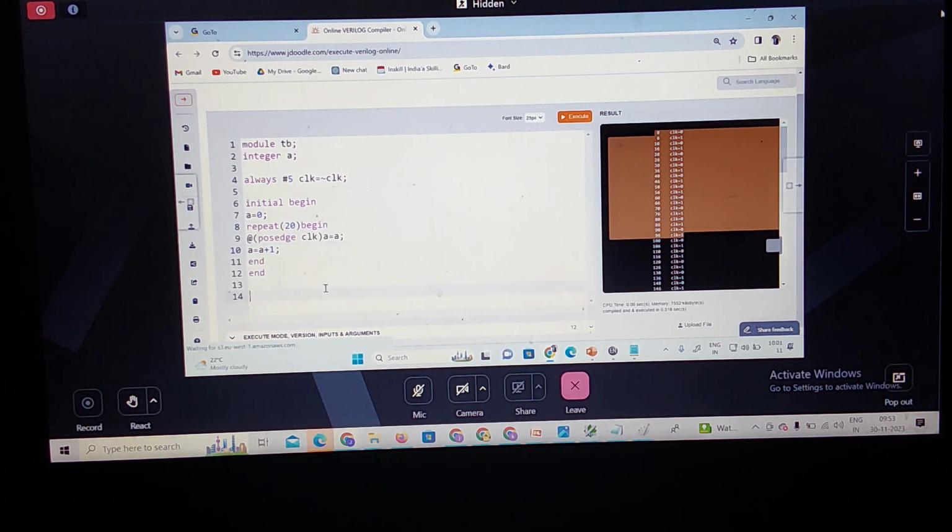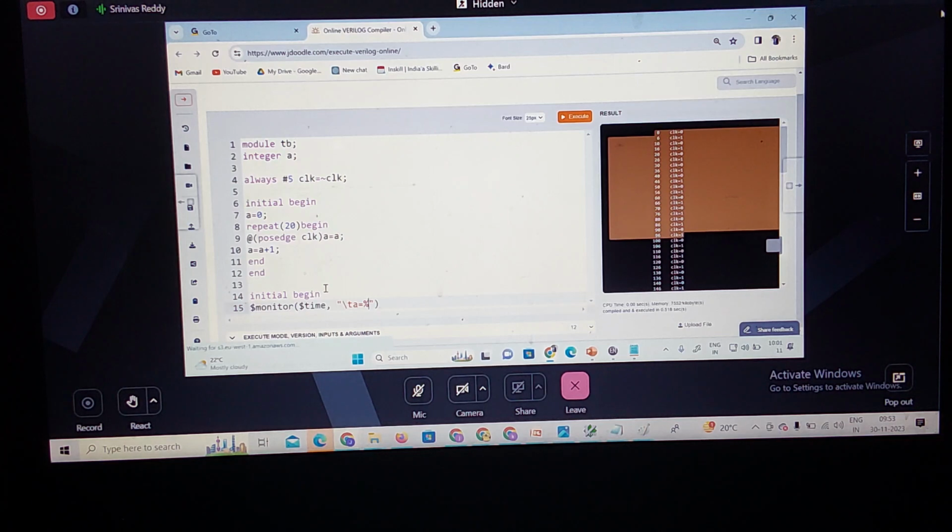Okay, let me monitor and show you the output. Initial begin. What do I want to do? Let us monitor this. Monitor of what? Dollar time. What do I want to monitor?